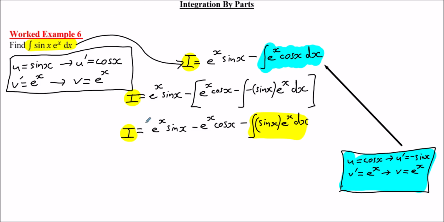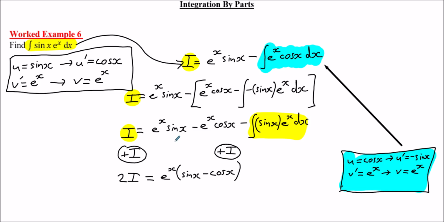So therefore, if I add the integral to both sides, if I just add I and treat capital I in its own right as a variable in an equation, I get that two lots of the integral is just e to the x sine x minus e to the x cosine x. So I'm going to factorize out the e to the x and write it as sine minus cosine. Therefore, dividing by 2, we get the result as required.